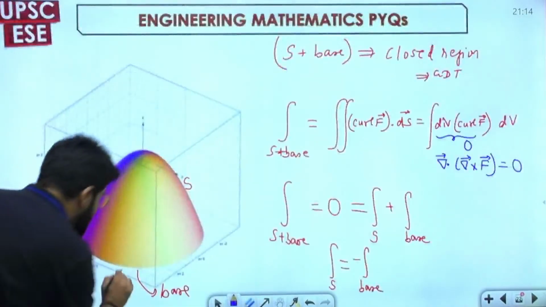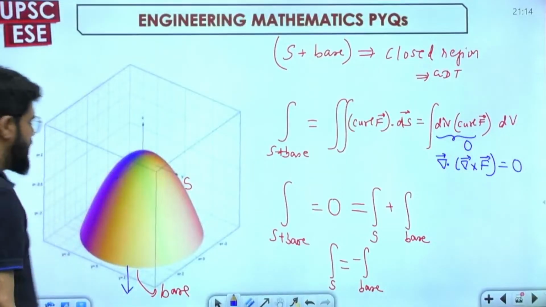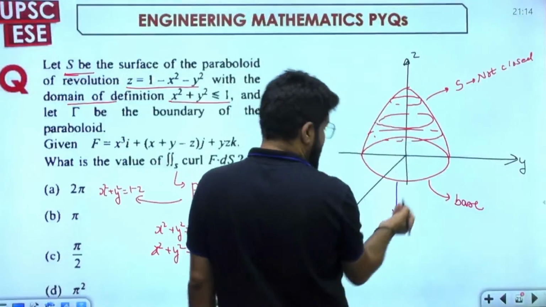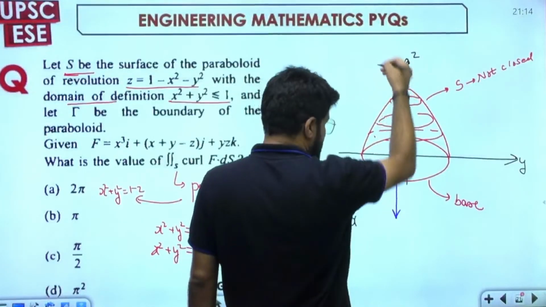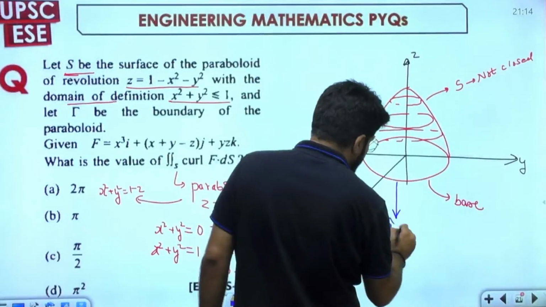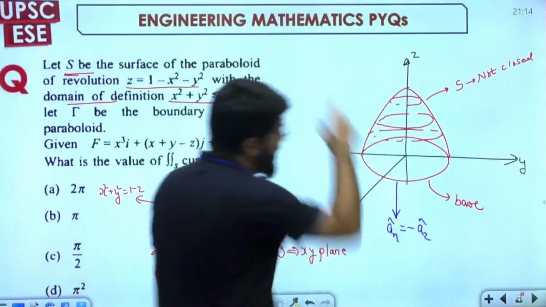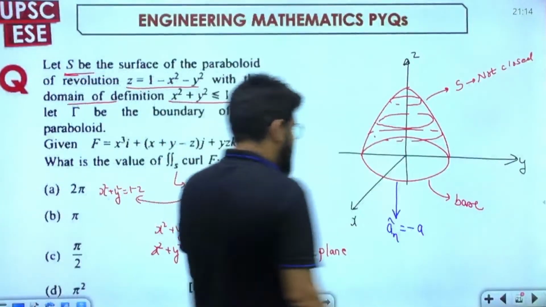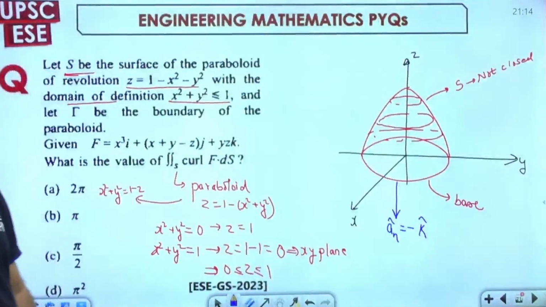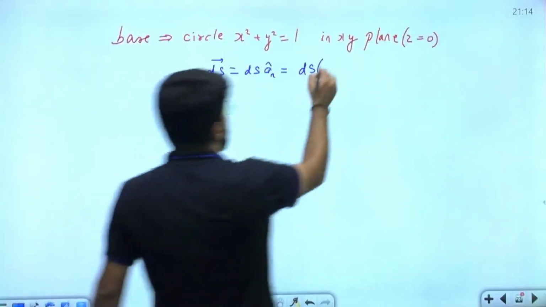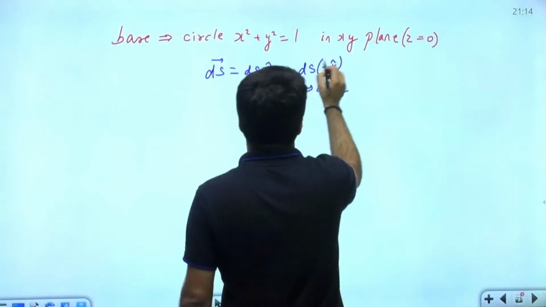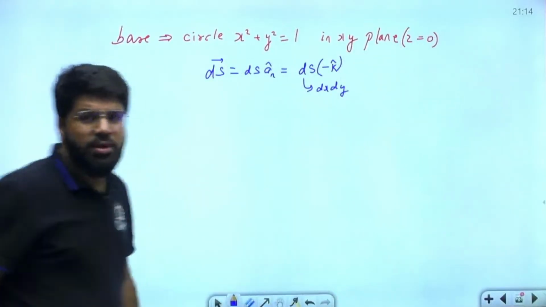What is the outward normal to this base surface? Outwards, because if you go upwards, you go inwards. I have to go outwards of this closed volume, so n cap becomes minus k cap, the minus z direction. Later this ds will be written as dx dy, because it is a small area in the xy plane.